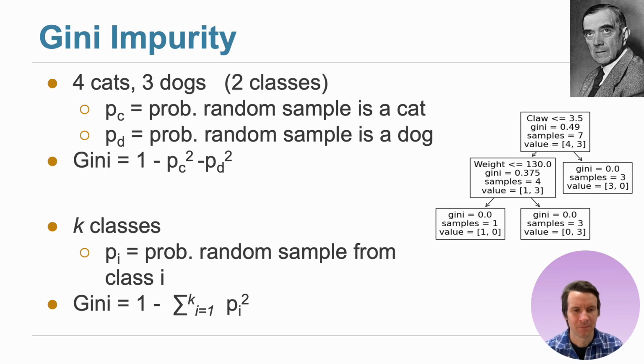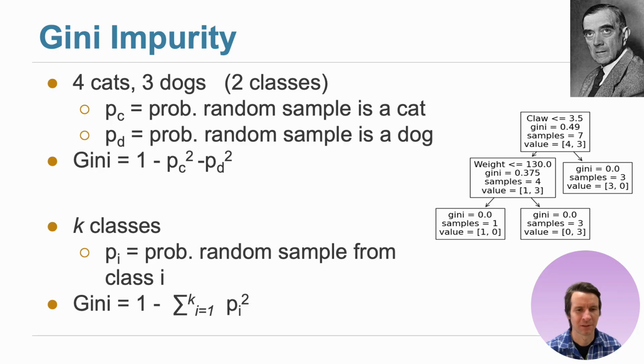If you have 4 cats and 3 dogs, 2 classes, that's what we did before. And if you have more of them, then you could say that you have PC, the probability that a random sample is a cat, the number of cats divided by the total number of samples you have, and PD, the probability that you have a dog, which is the number of dogs over the total number of samples, right?